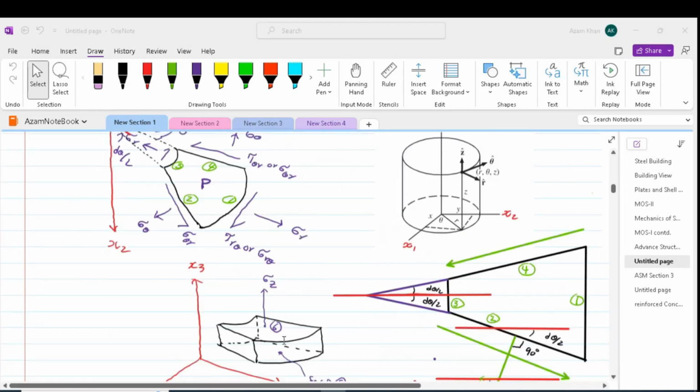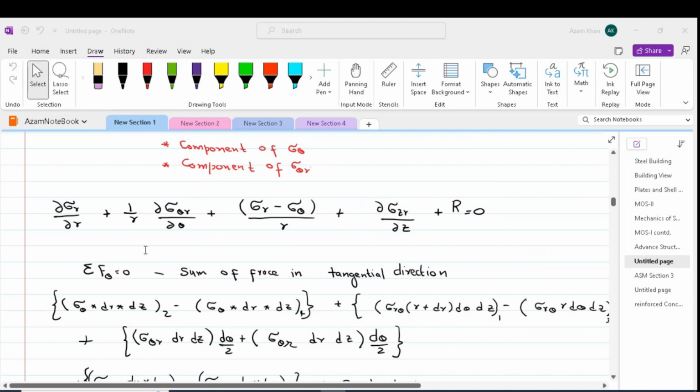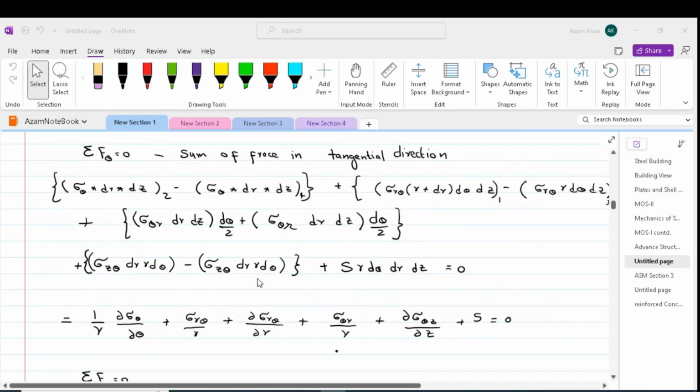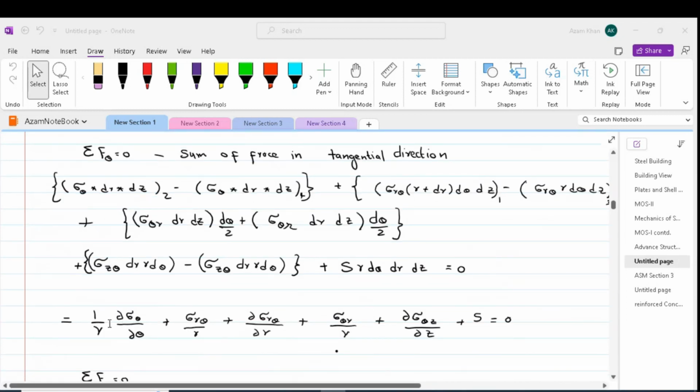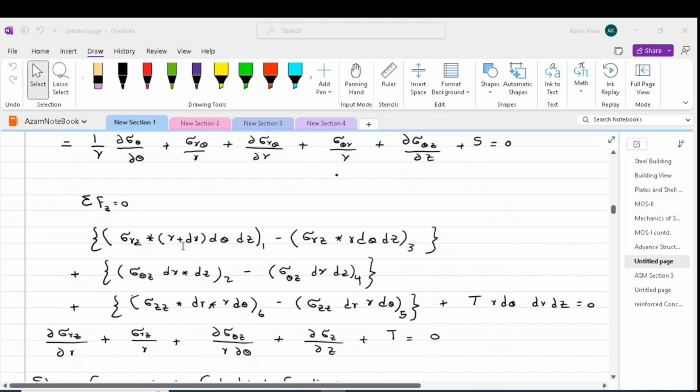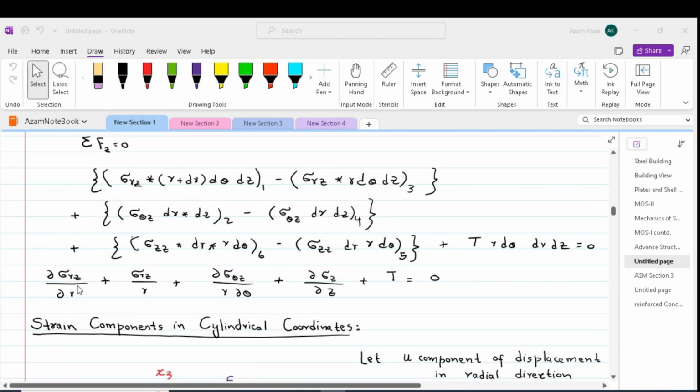In our previous presentations, we derived three equilibrium equations in terms of cylindrical coordinates. So this is the first equation, which is trying to equilibrate all the forces along the radial direction. We have got the second equation, which is shown here, and this is trying to equilibrate all the forces in the circumferential direction. The final equation is trying to equilibrate all the forces in the longitudinal z direction.